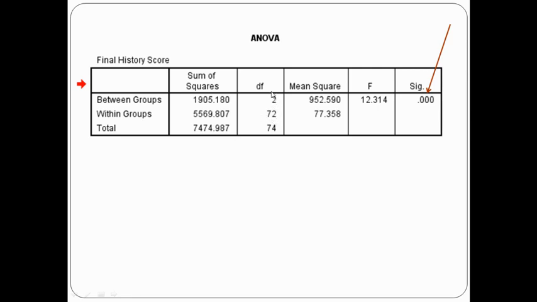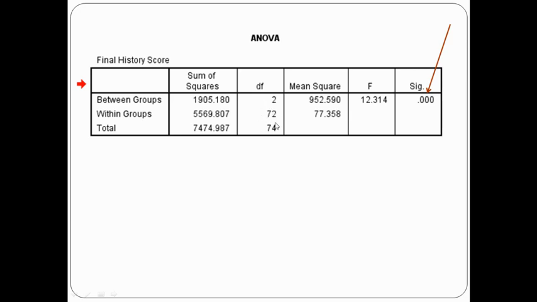Well, you can see there are 3 groups in our research. Normally the number of groups is represented by the English letter K, small letter k. So the between groups degree of freedom is K minus 1. So 3 minus 1 is 2.